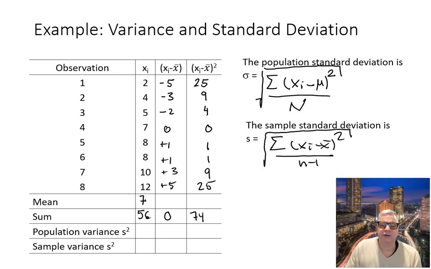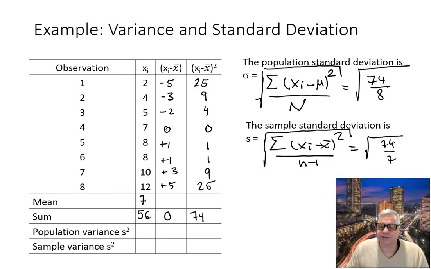Let's double check again: 5, 14, 18, 19, 20, 29, 34, 74. So that's correct. So now in each numerator we have 74, and we have to divide by 8 and take the square root here, and here we divide by 7. Okay, so now I need a calculator.